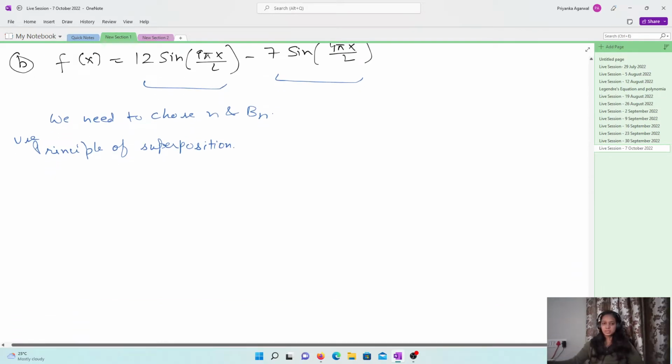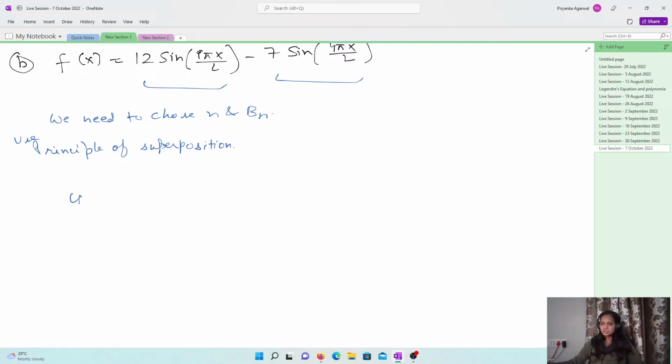Okay, so we use that property, and if we use that property, then what do we get here? For the first case bn will be 12, and then we have sin n pi x over L. So in this case, we have bn equals 12 and n equals 1... Okay.